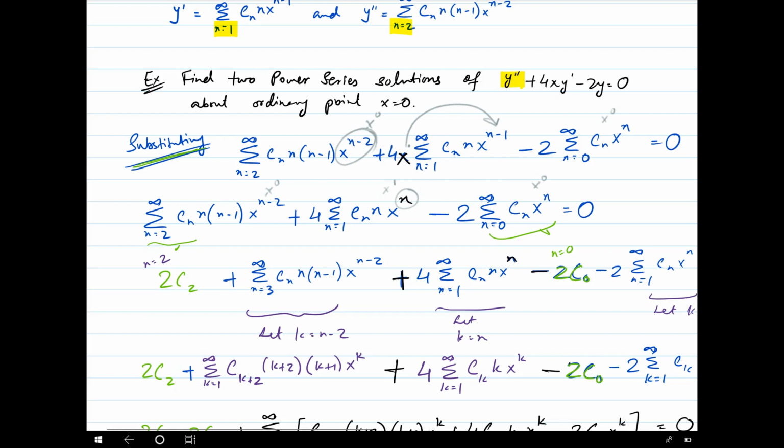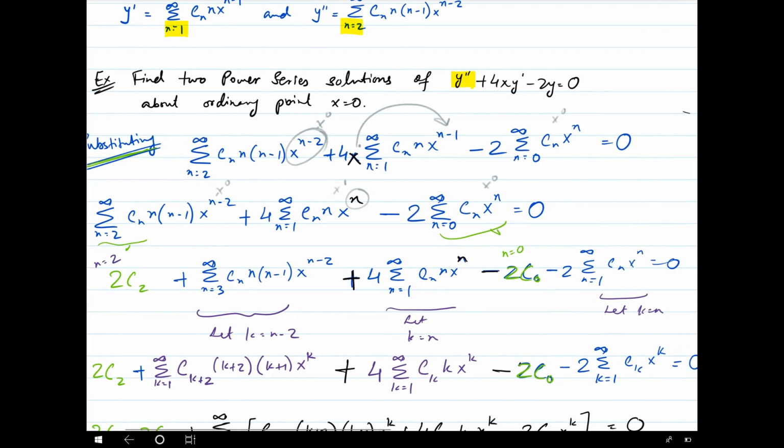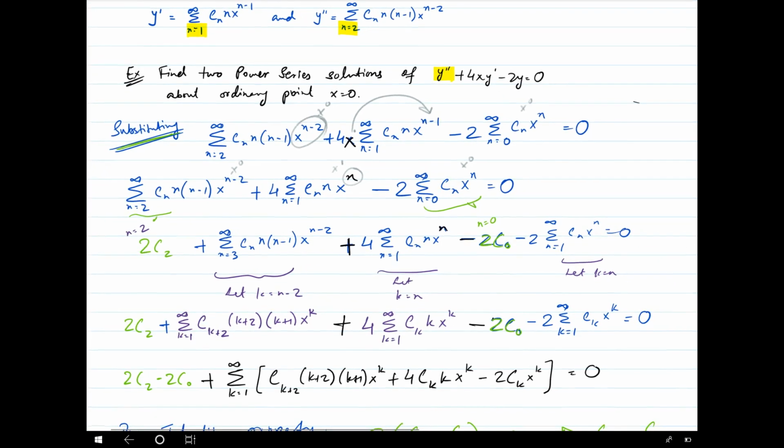Whenever that issue comes up, we take care of that term by writing out the first term. So when n equals 2, you're going to have c sub 2 times 2 times 2 minus 1 x to the 0, which is really 2c2. So that's 2c2 here.